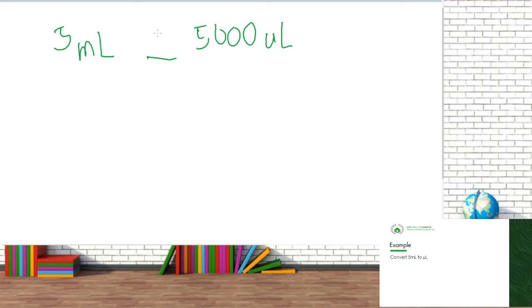Your answer should be equal. That is the purpose of conversion factors. That is the purpose of conversion. Converting the quantity into another unit, but with the same value, with the same amount.